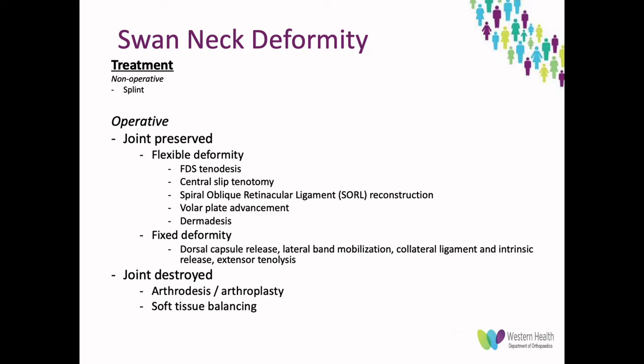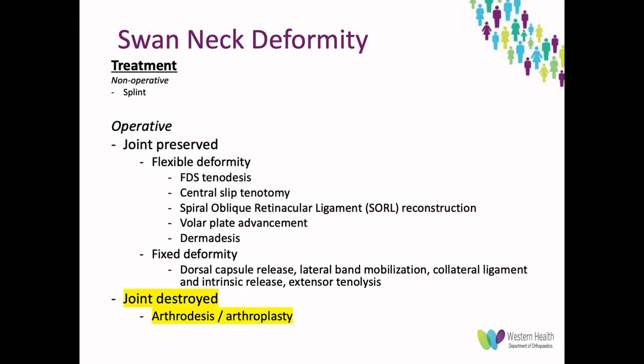For rigid deformities with the joint preserved, extensive soft tissue release can be used to try and restore some of the range. And for patients with joint destruction, arthroplasty or fusion might become necessary. Arthrodesis has the most reliable results.